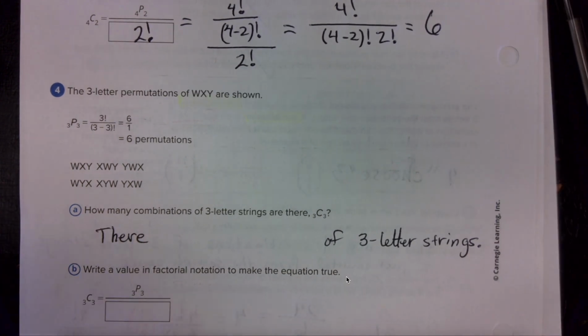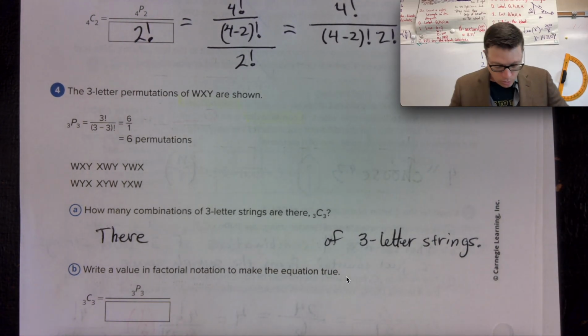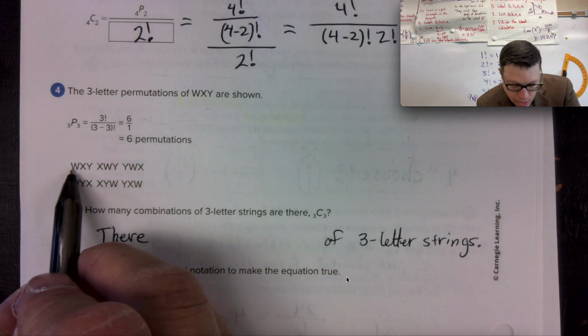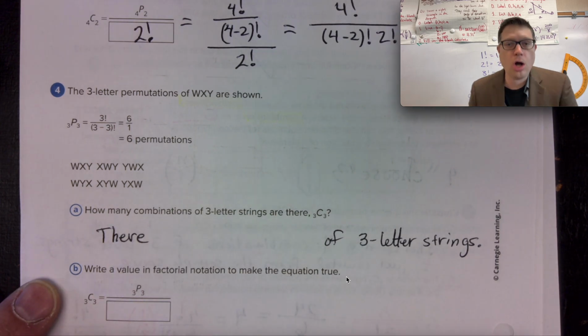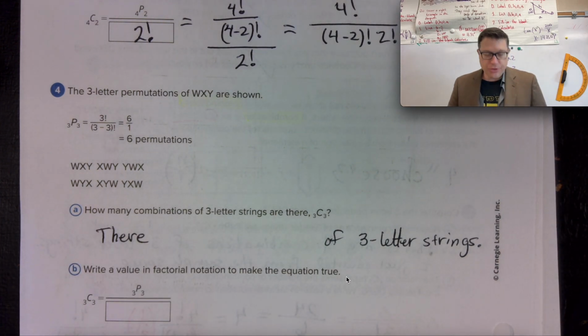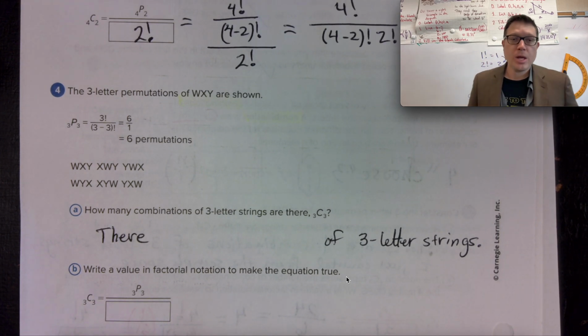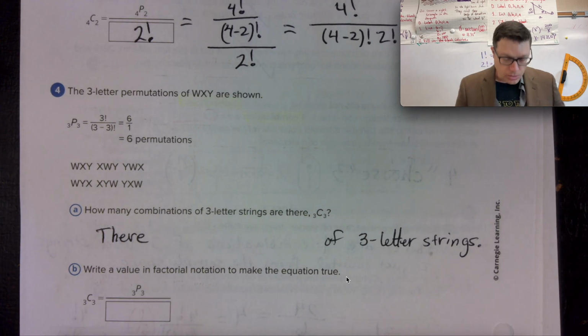How many 3-letter permutations of WXY are shown? Well, there they are. WXY, XWY, etc. There they all are. How many combinations of 3-letter strings are there if we have 3 things chosen 3 ways? 3 choose 3.